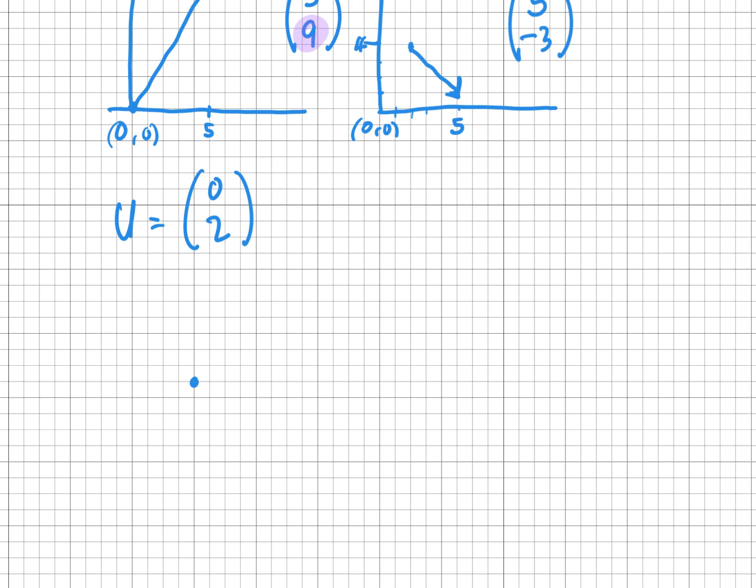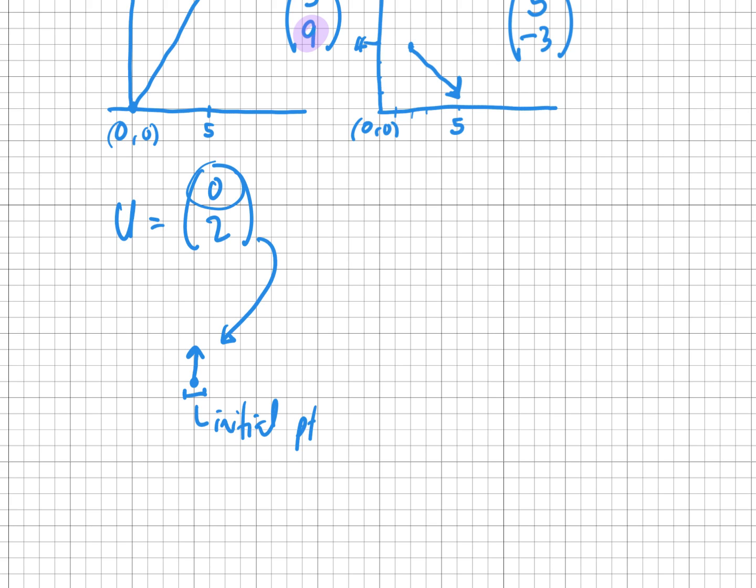So the point 0 and 2, this is what you call your initial point. Remember, this is your initial point, the starting point. The initial point is going to be your 0, and you put it up 1 and 2, and that's going to be your vector. I hope you understand.